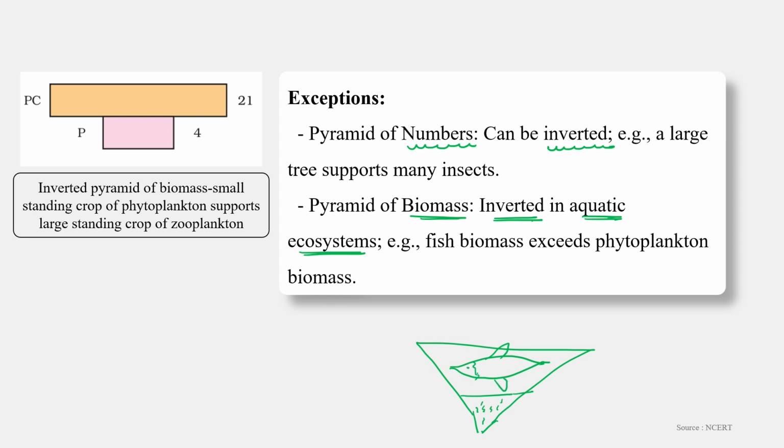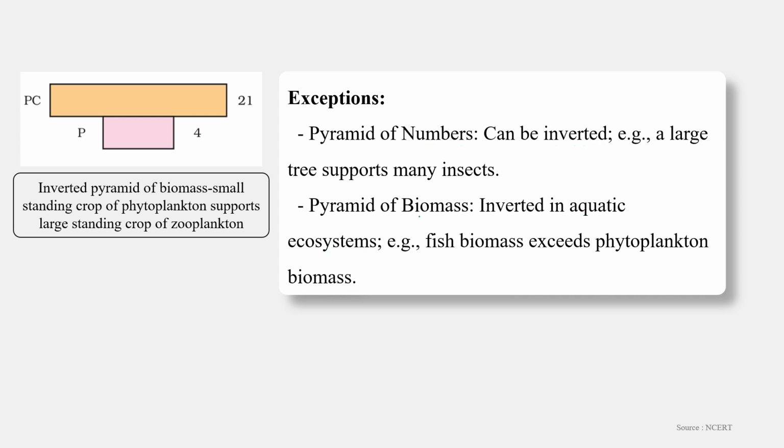So the pyramids of number and biomass can be inverted in some cases: a large tree can support many insects, and in an aquatic ecosystem fish biomass exceeds phytoplankton biomass. This is the second example.